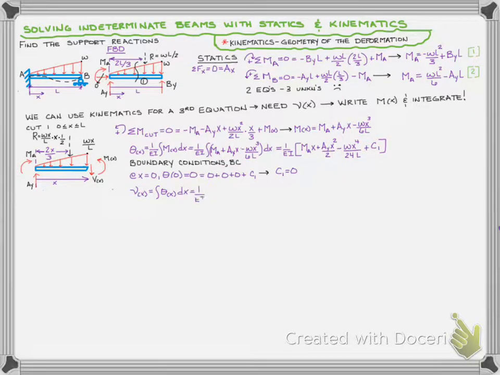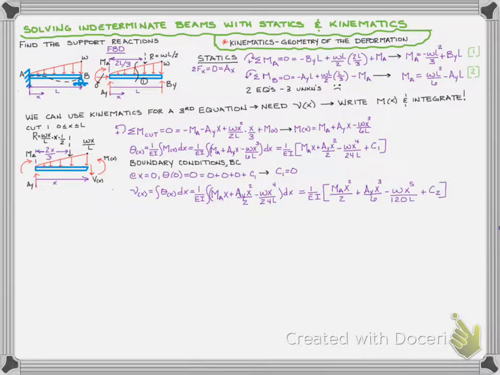We no longer have to bring in the C1 expression, so we take the integral of M_A x plus A_y x squared over 2 minus Wx to the 4th over 24L, neglecting C1 since it's 0, and we get 1 over EI times the quantity M_A x squared over 2 plus A_y x cubed over 6 minus Wx to the 5th over 120L plus C2.